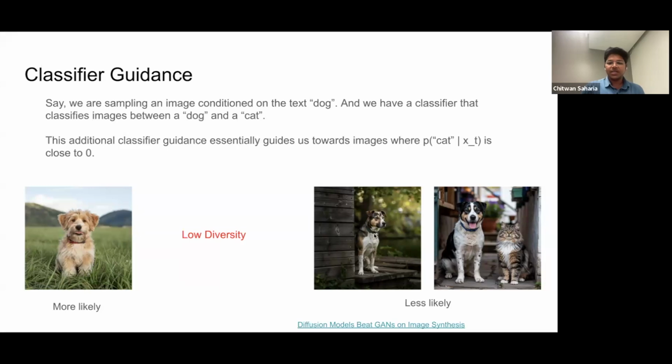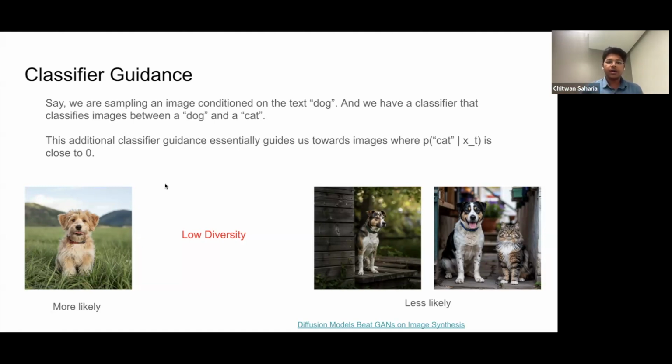For example, if you see the images on the right, if the dog is sideways, maybe the classifier is a little bit unsure about dog versus cat. If there is also a dog and a cat in the image, there will be like 0.5 probability. So the model will never generate images like this if you start using guidance. It will always generate an image where the dog is at the front and center, it's very clear that it's a dog, and there's nothing else in the image.